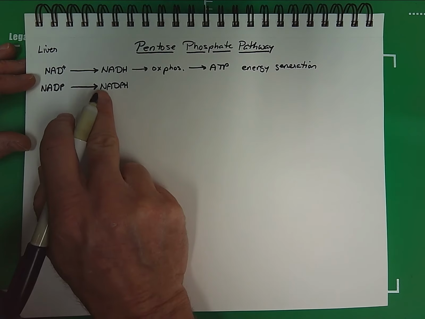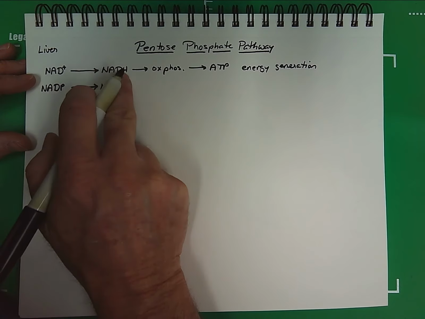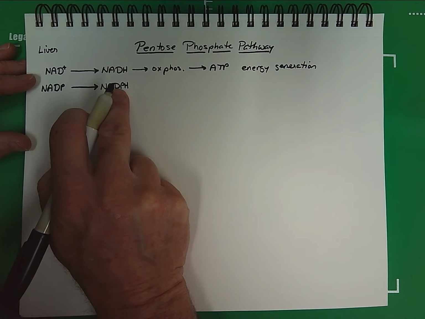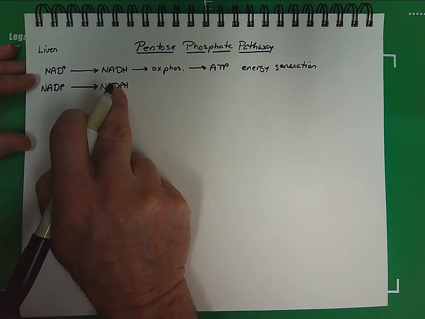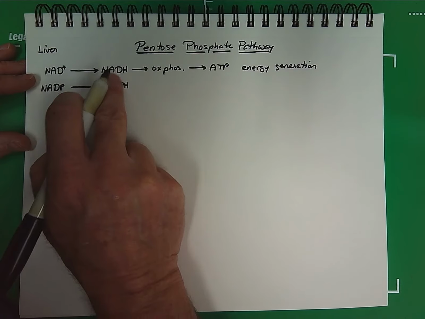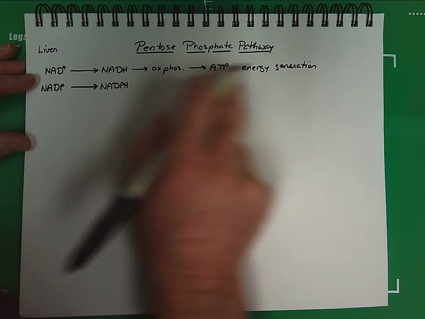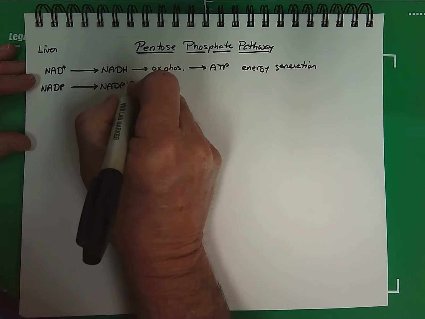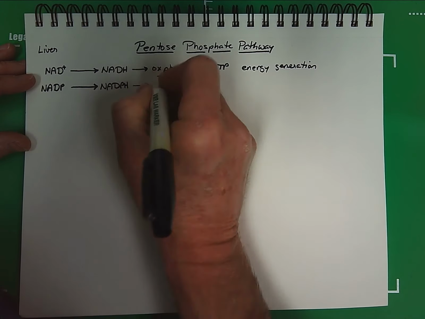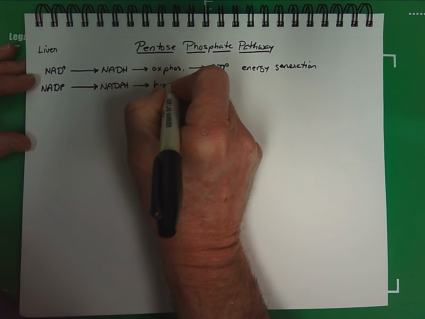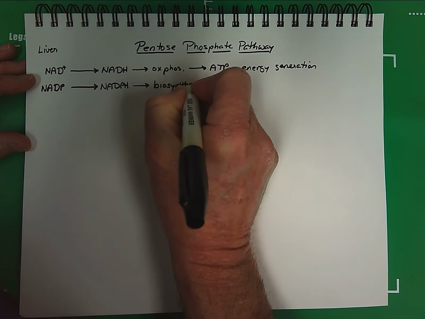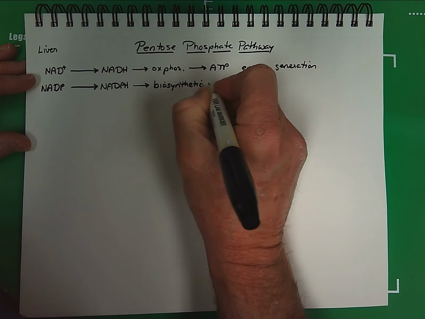Now, the only difference between NADPH and NAD is simply a phosphate group. But the function of this cofactor is extremely different from NADH. NADH, of course, is involved in energy generation. NADPH is involved in biosynthetic reactions.